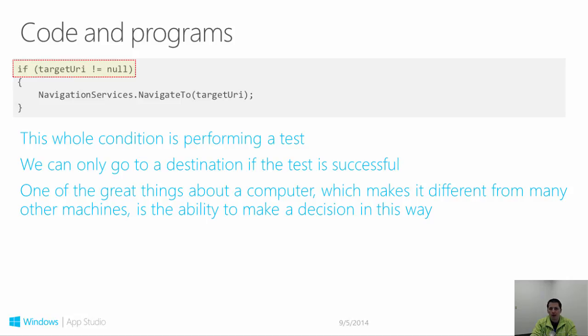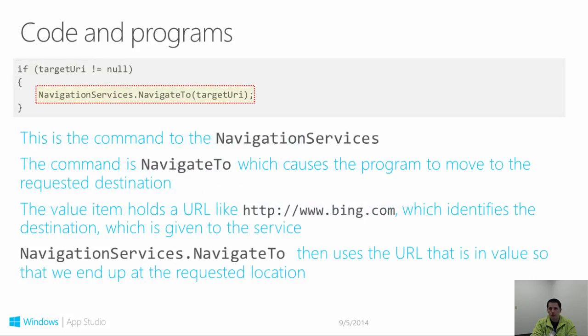If the target URI has any other value other than null, no additional code will run. This type of comparison is called a logical operation. These are the heart of logic in all software. If the condition has been evaluated to true, the program will proceed to run all of the lines of code contained inside the curly braces.